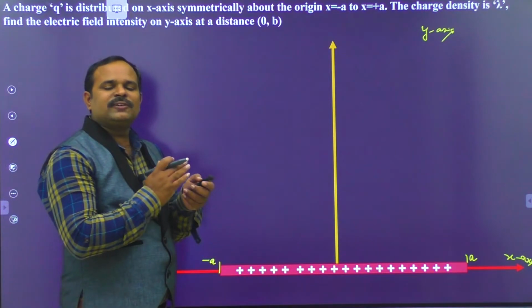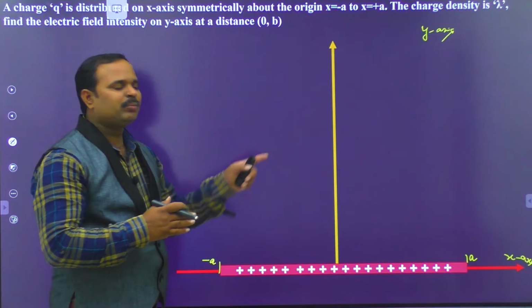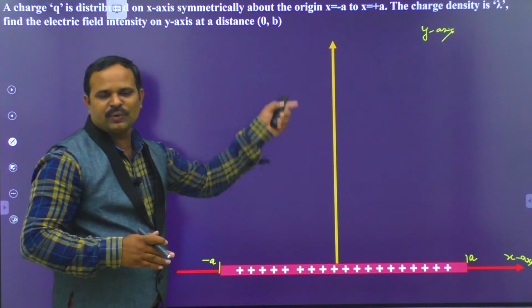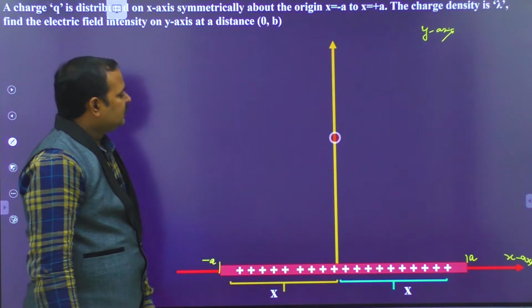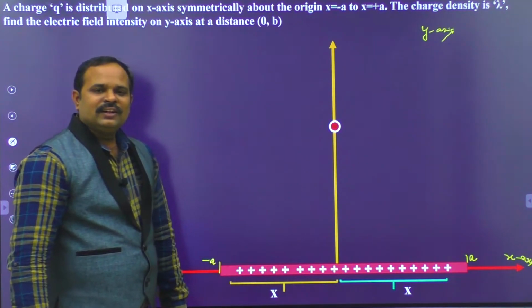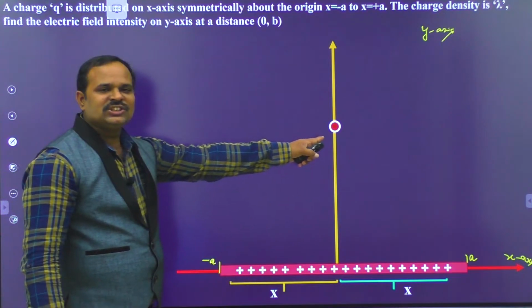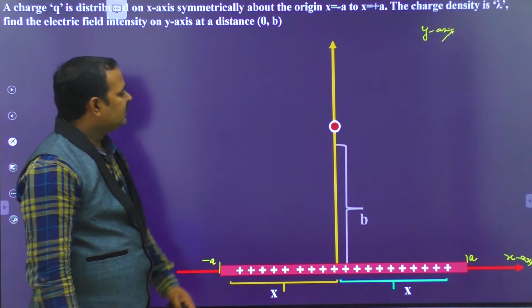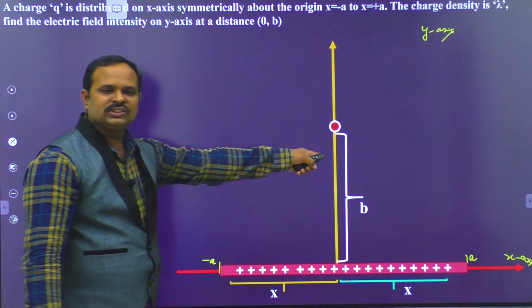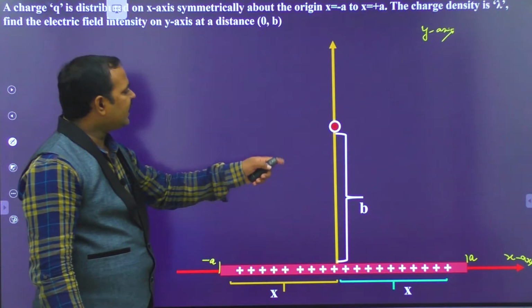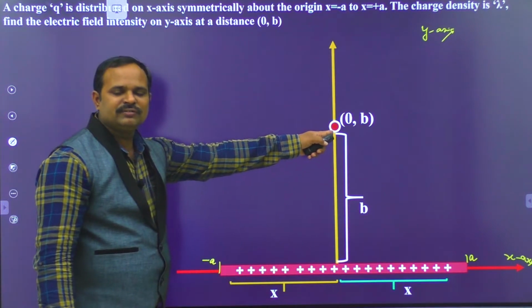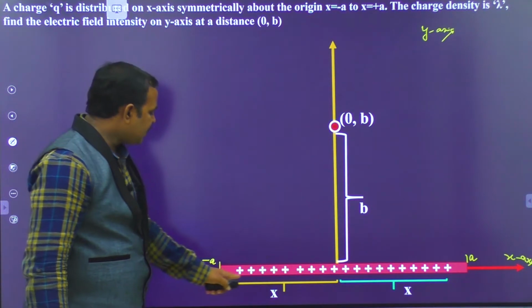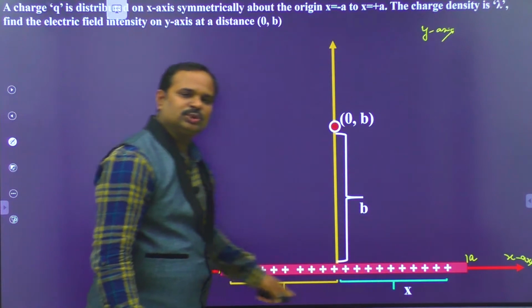Now they are asking us to find the electric field at a point (0, b) on the y-axis. So let us consider the point on the y-axis. This is the point, and the point is (0, b). That means the distance from the origin to this point is b. We need to find the electric field because of this uniform charge distribution.